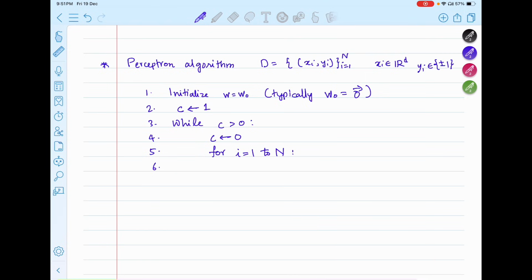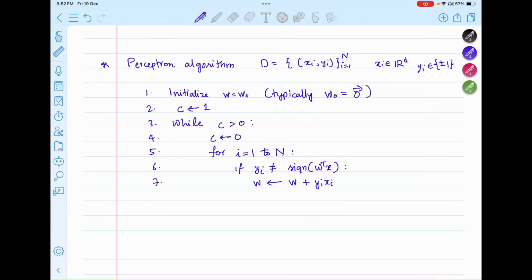And when you run over each and every data point, you check if yi, which is the true label of that data point, is not equal to the sign function acting on W transpose X. If the sign function is not equal to the true label, which means there is a misclassification happening, then we simply update the value of W to be W plus yi xi.